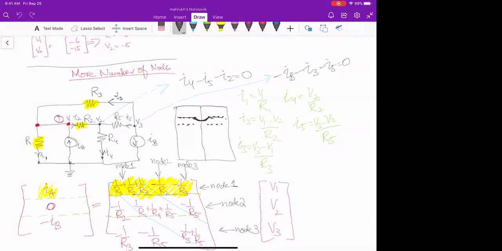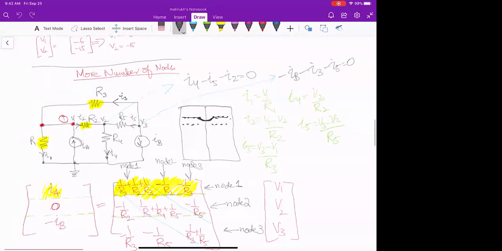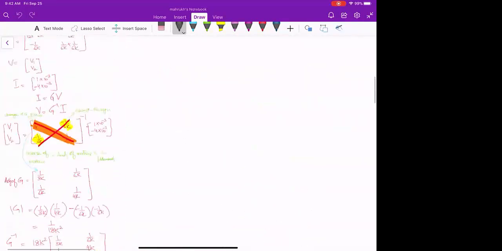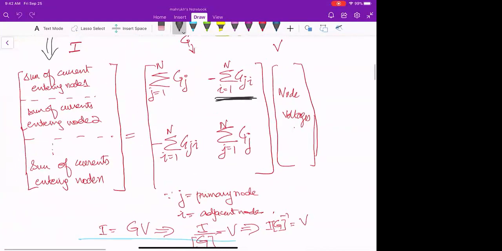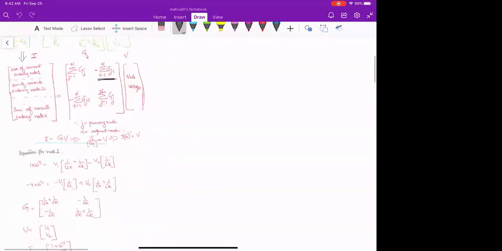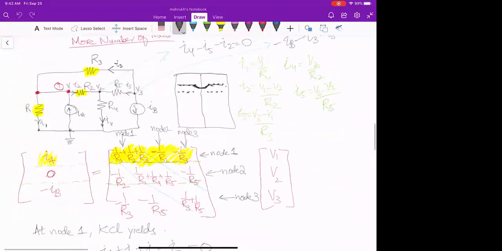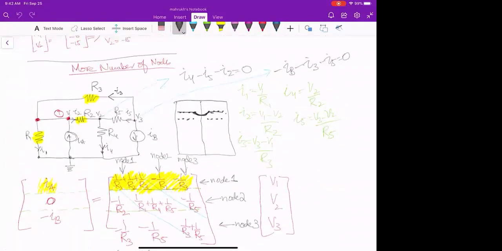But for the matrix, what they have done, like we have written in the matrix formula here, we said sum of current entering the node. That's why we are just taking the leaving one as negative. So this is that particular definition we are following. But otherwise, it should be your call, whatever is comfortable for you.